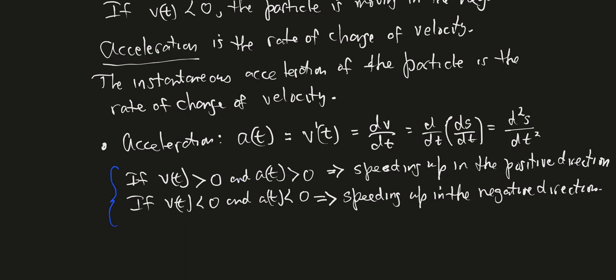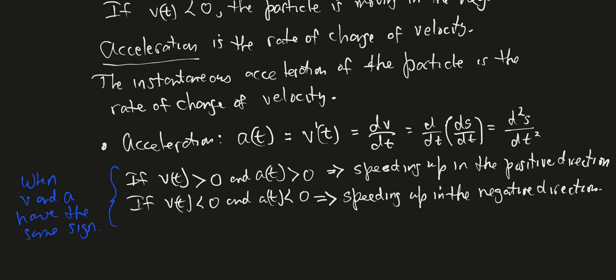So we can say that an object is speeding up when v and a have the same sign, meaning they're both positive or both negative. So v and a have the same sign, S-I-G-N.